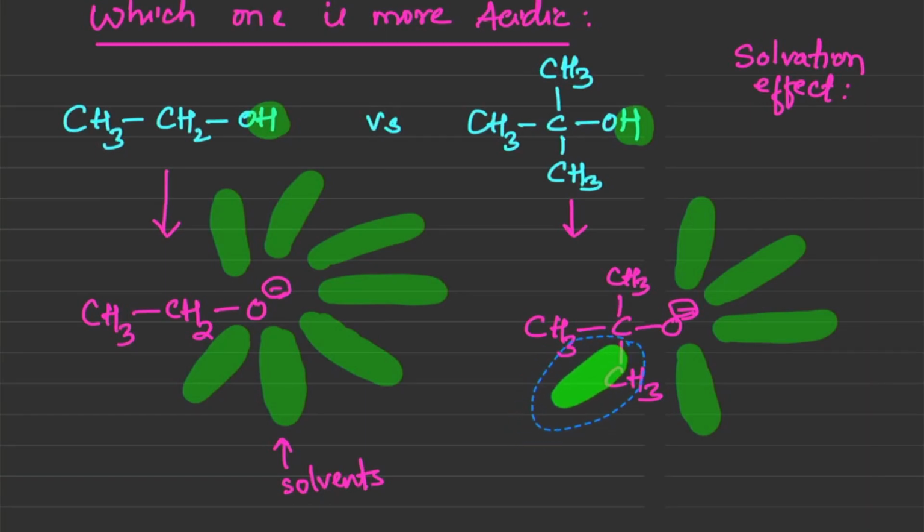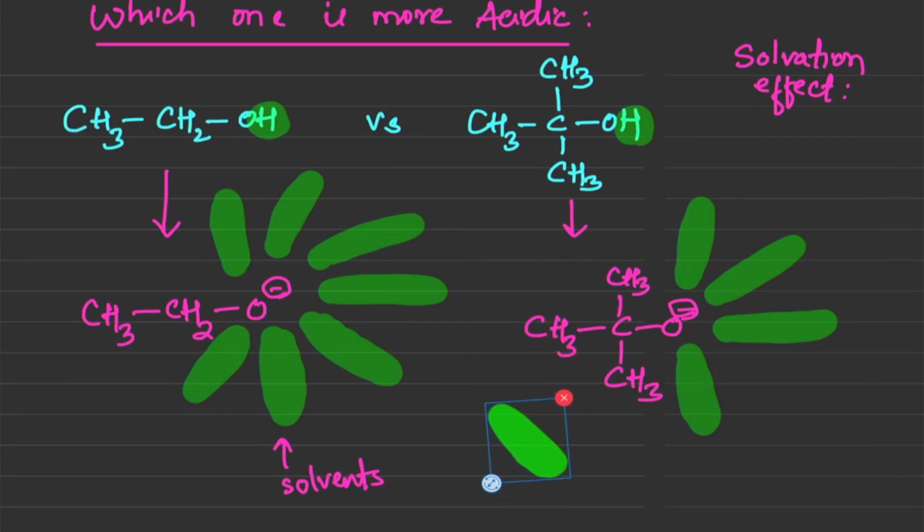It cannot enter from this side because it is blocked by the steric effect of this methyl group. Because there is heavy branching in this structure, the solvent molecule does not have enough access to reach that O negative. It is blocked by the methyl. Again, it's not only blocked on this side, but if it tries to come from the other side, it is also blocked.